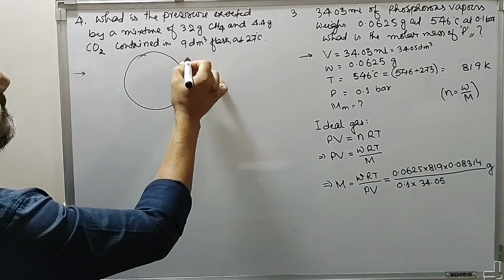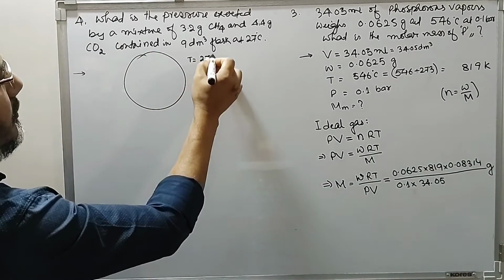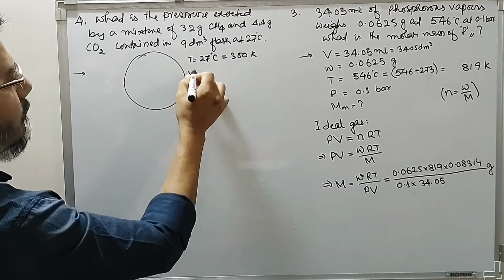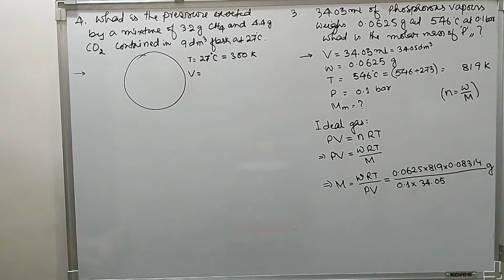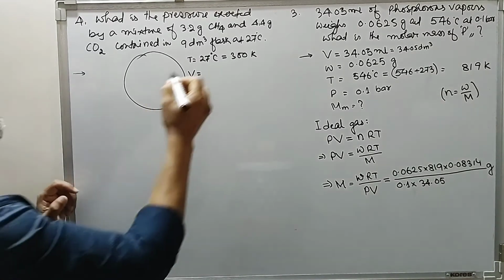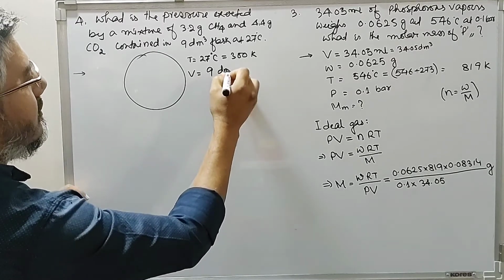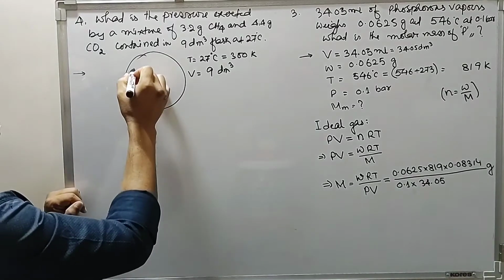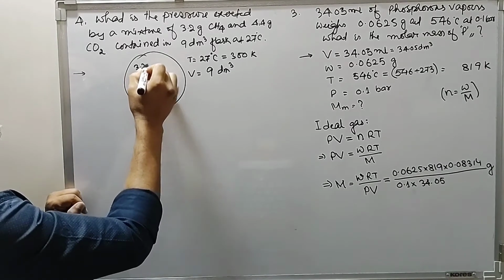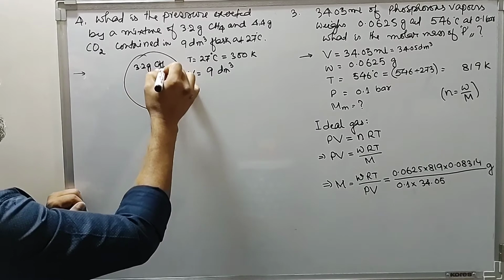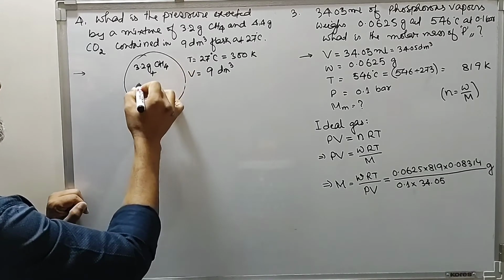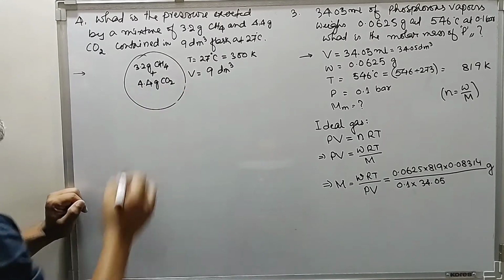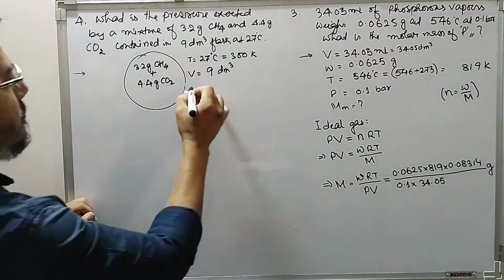This container temperature is 27 degrees centigrade, or we say this is 300 Kelvin. Volume of container, which is defined as the volume of gas, is given as 9 dm cube, and this contains 3.2 gram methane plus 4.4 gram carbon dioxide.